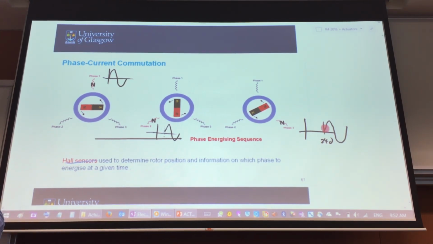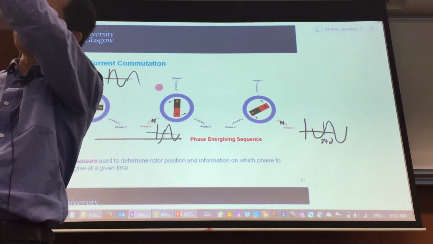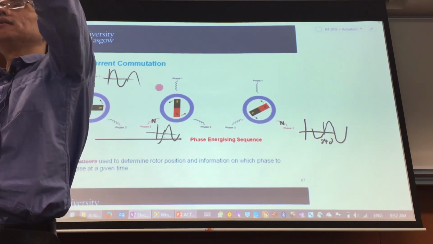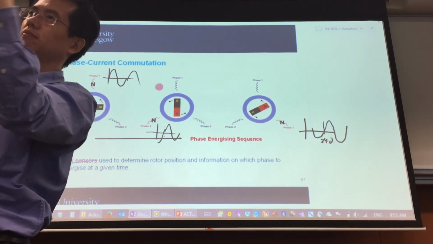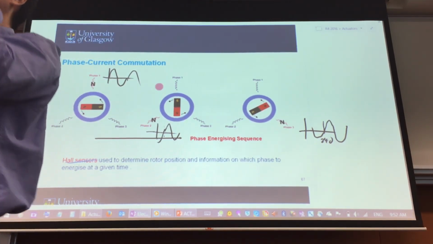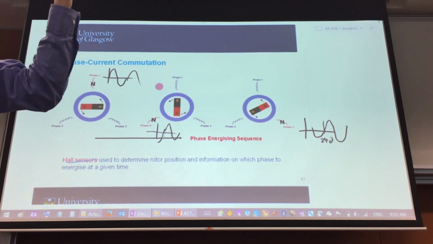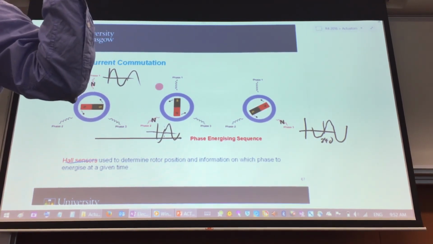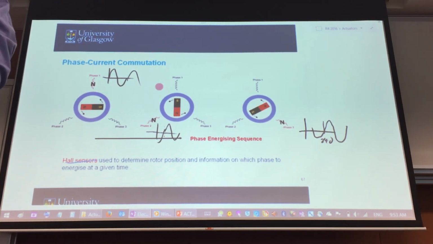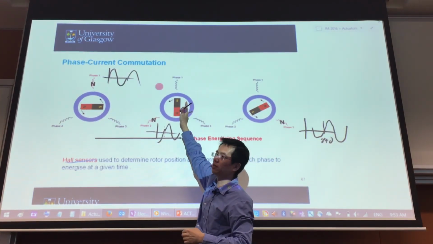If I can energize it that way continuously, by supplying this sort of AC current to these 3, the permanent magnet in the rotor will just continue to rotate. That's why you always get 3-phase here. We don't have a 3-phase supply in an FYP room, but if we had it, you'd be able to generate a lot of torque. This is one of the good reasons why it's possible to generate a lot of torque.